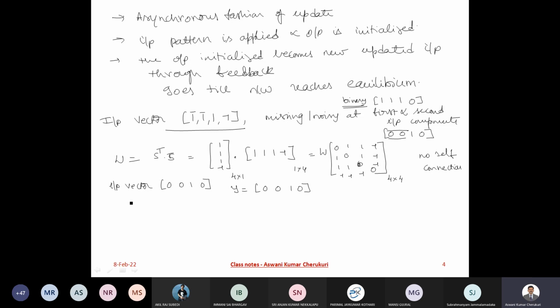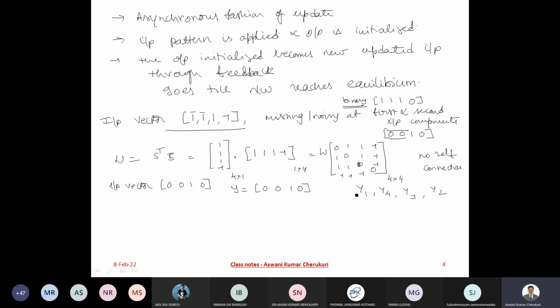Right. Now the point is, I have four neurons, four units in the Y layer. Which unit am I going to update? Imagine my updating is in random order: first Y1, then Y4, then Y3, and then Y2.